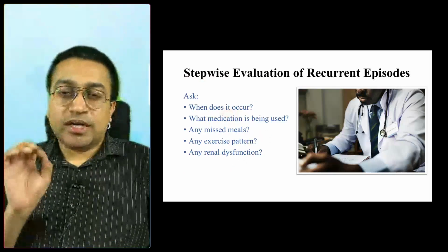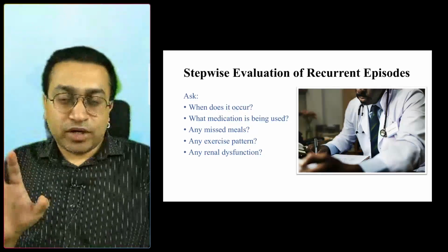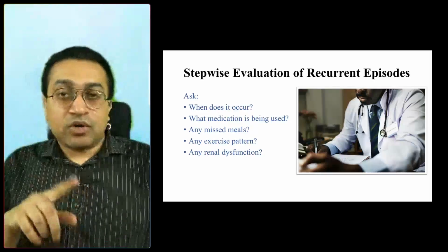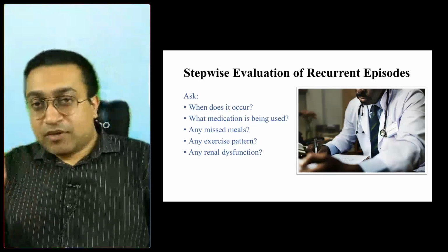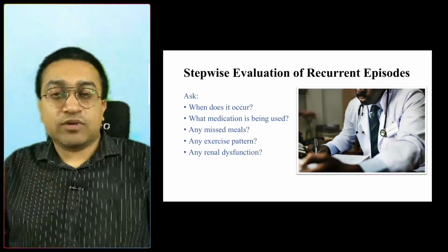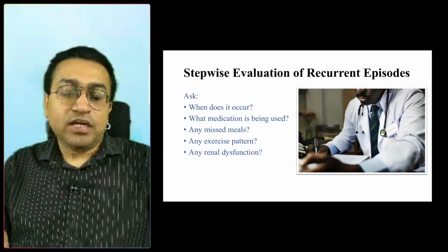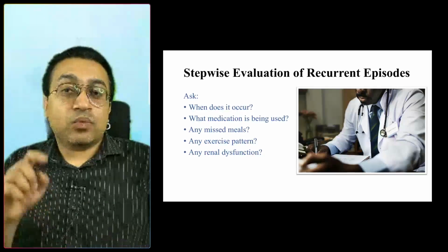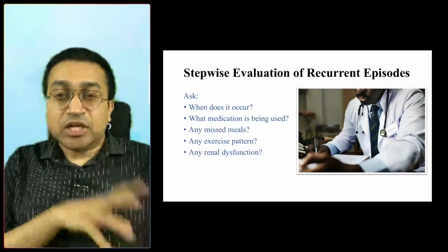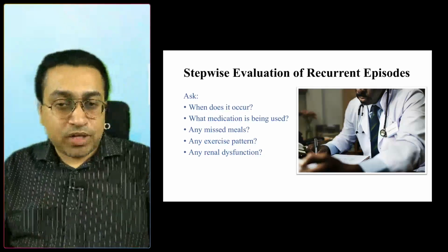So duration and timing is very important. You have to ask the patient whether it happens in the night, in the morning or in the afternoon, especially after the meal, before the meal, with respect to the insulin, before insulin, after insulin. You have to ask everything in detail. That will give you an understanding of when you have to adjust the dosage of the previous medication, so that you can avoid such hypoglycemic episodes.